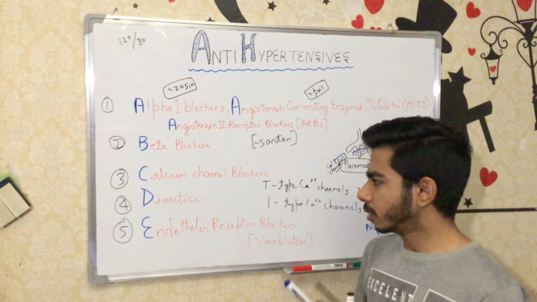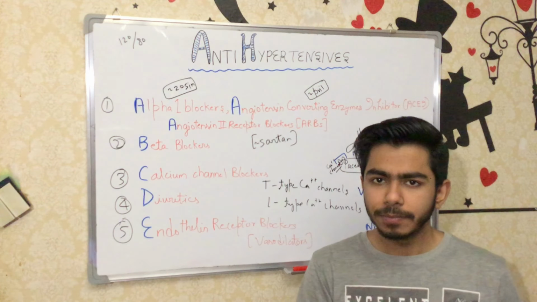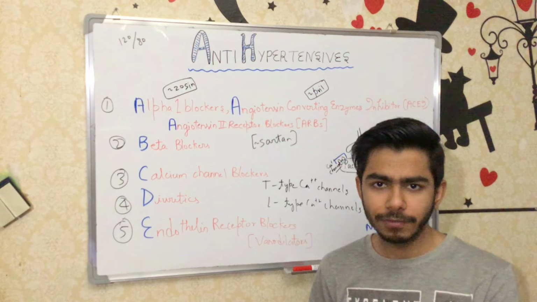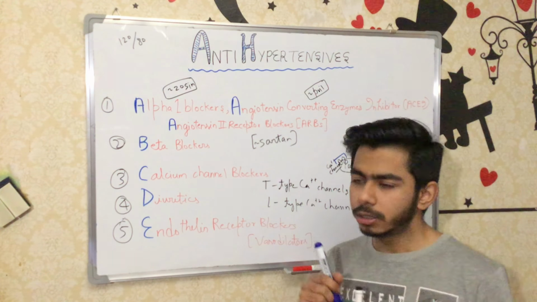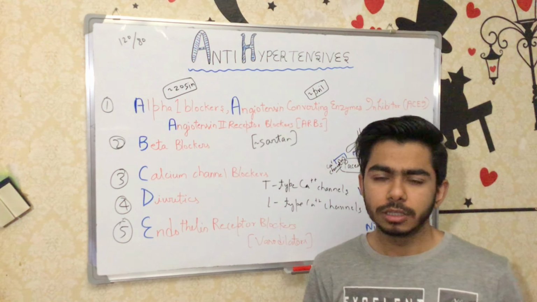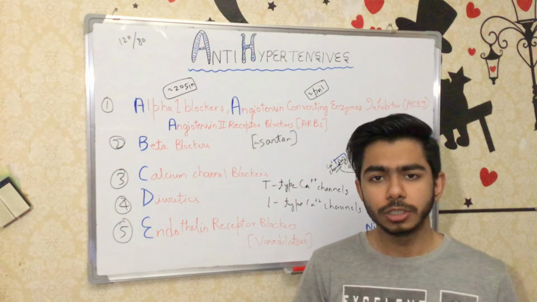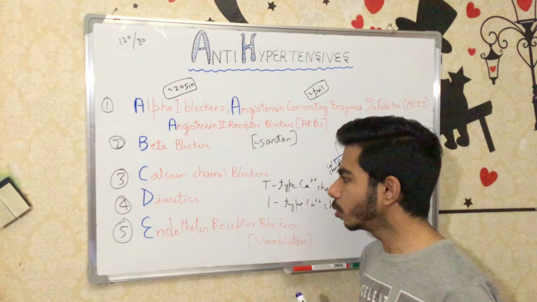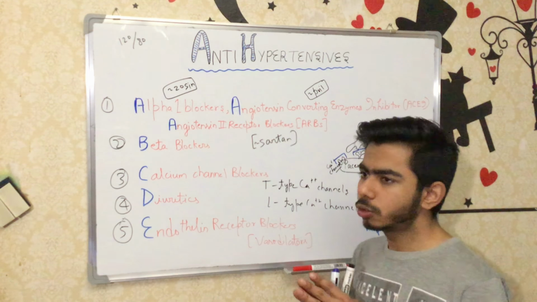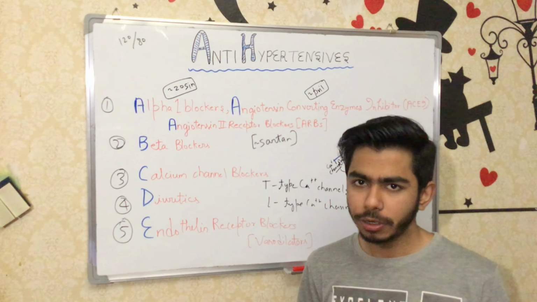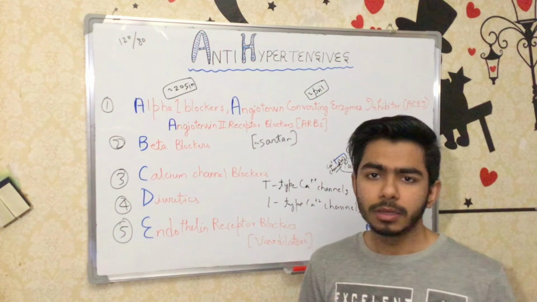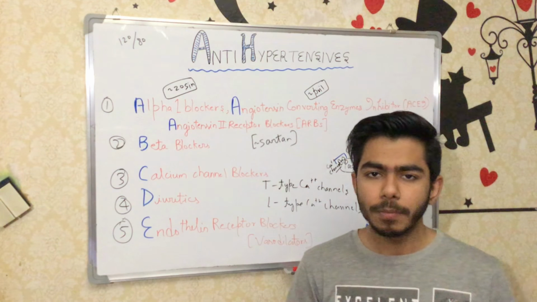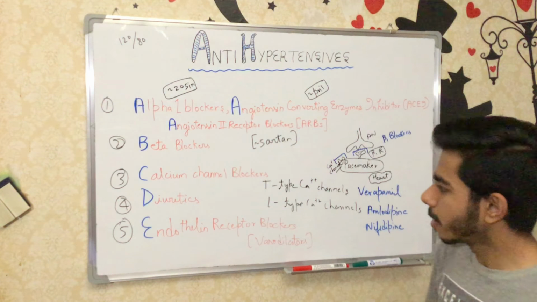For example, loop diuretics work on the loop of Henle. Potassium sparing diuretics work near the collecting duct of the nephron, and the thiazide diuretics work in the portion of the DCT of the nephron. So their main function is to flush out the sodium and water from the body, and that's how they decrease the body fluid and blood volume, which will lead to a drop or decrease in blood pressure.